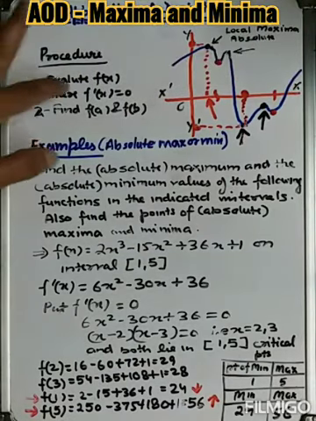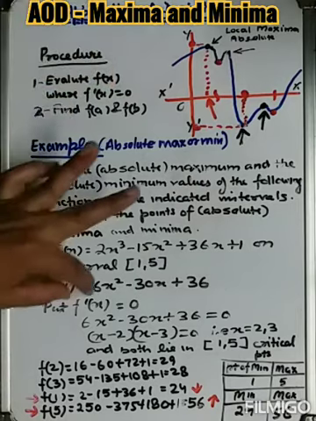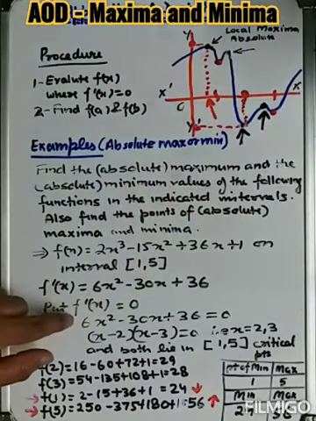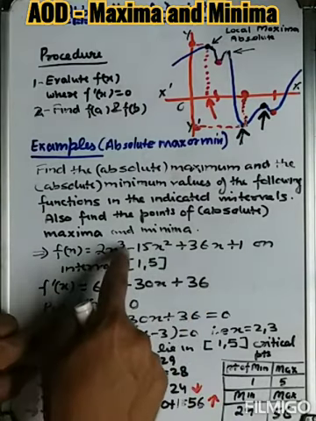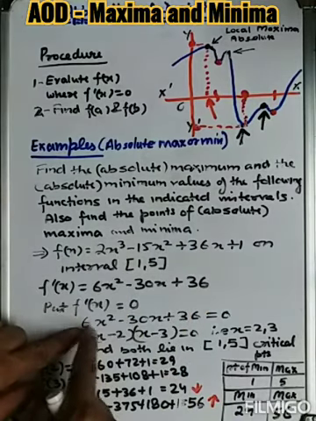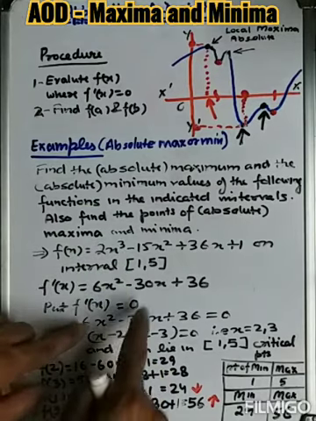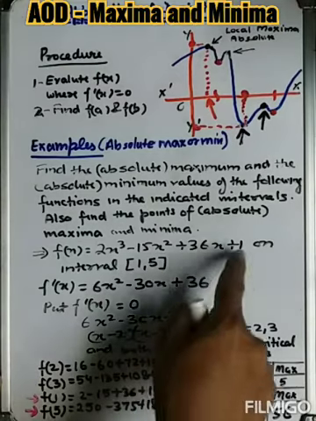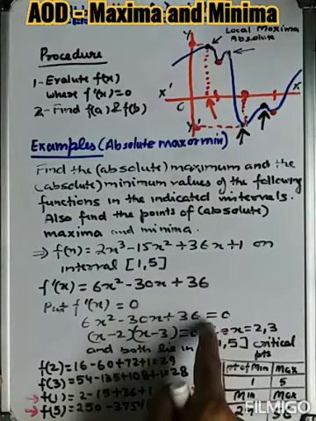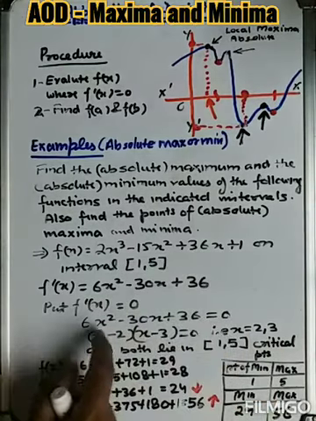First step, put f dash x equals 0. What is f dash x? f(x) is this, so differentiate this. 2x cube becomes 6x square, 15x square becomes 30x, plus 36. The differentiation of 1 is 0. Put this value equal to 0.